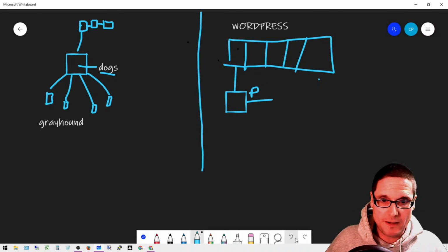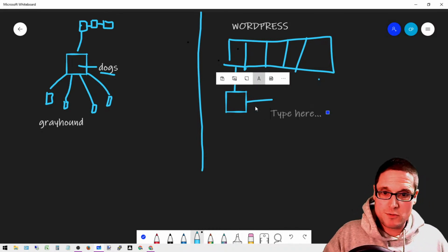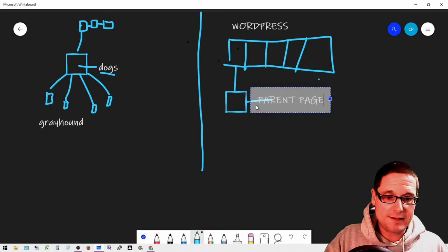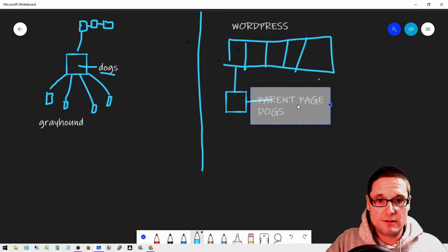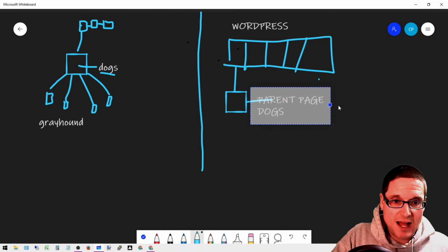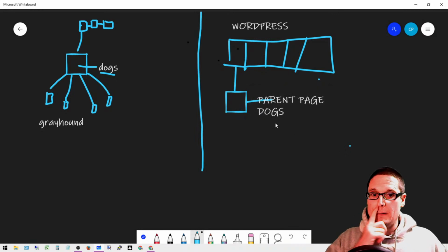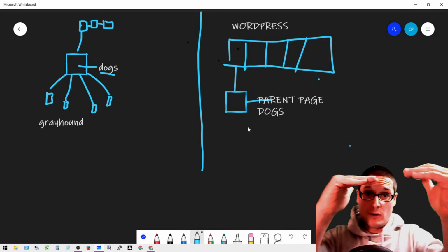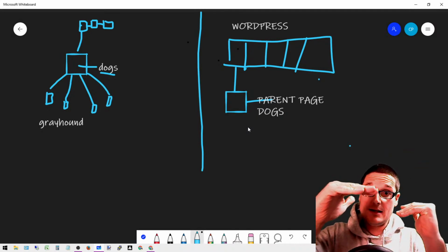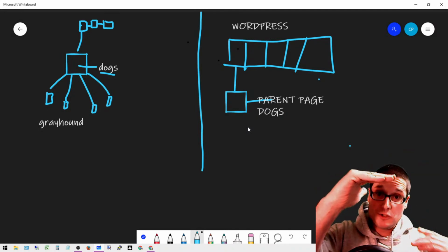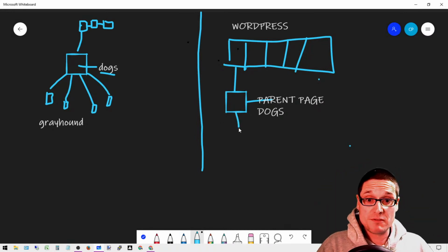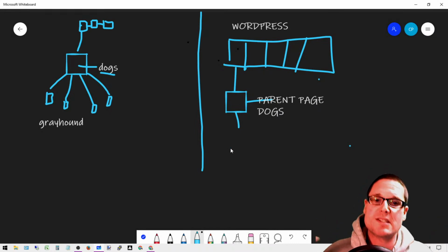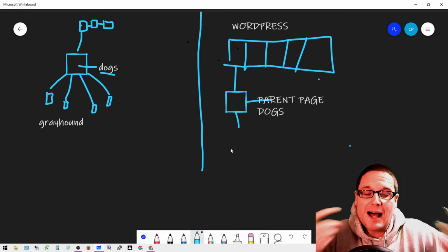I should write it here: it's a parent page, and it's dogs. This is the top level page, the parent page, and it's all about dogs. Now, as the child pages, in different orders, we're going to talk about different types of dogs. It only makes sense. You could include them all on one page, but we want these pages to rank separately and to support the main topic.